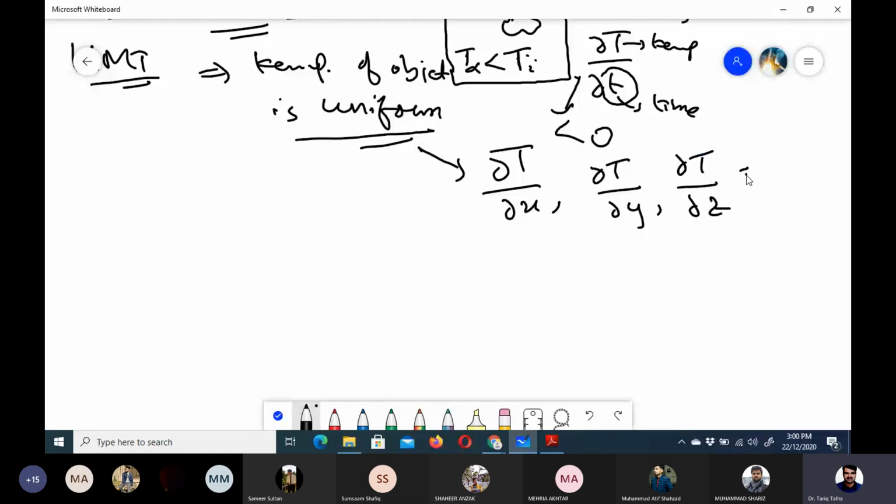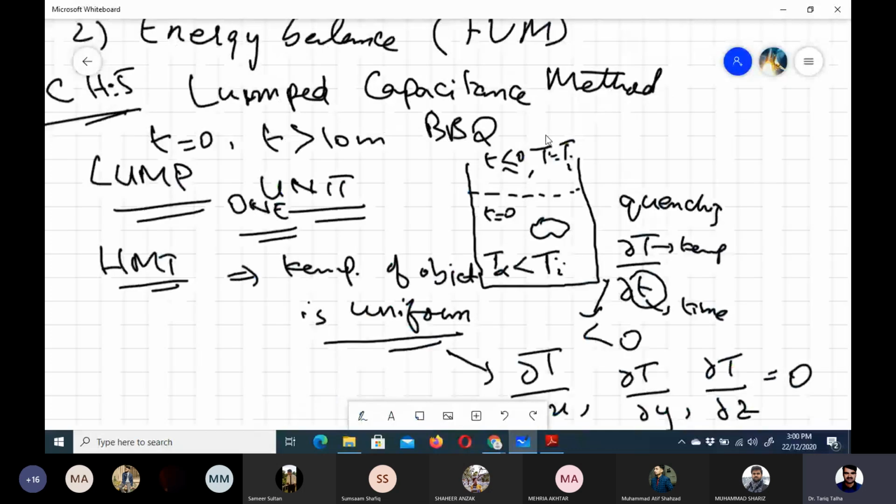All these gradients are equal to 0. So whatever the temperature at the boundary of this object, the same temperature would be at the center of that object.